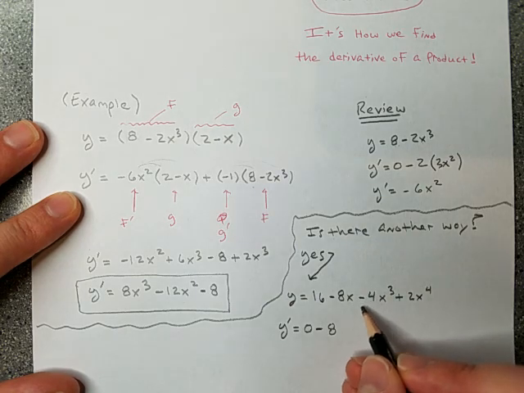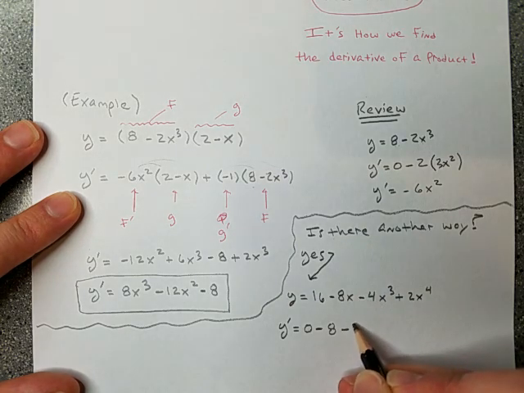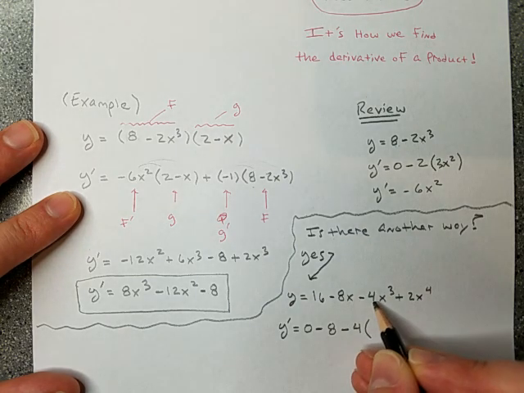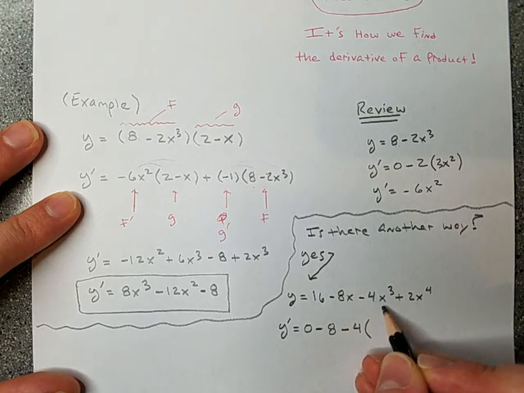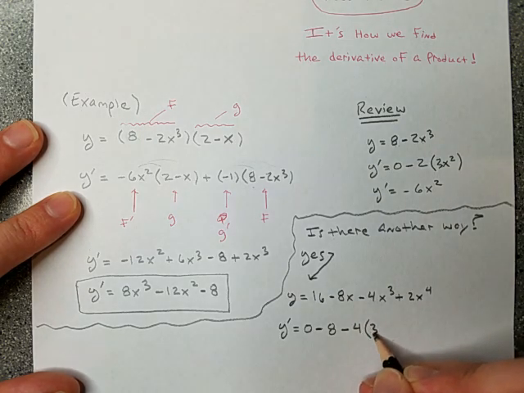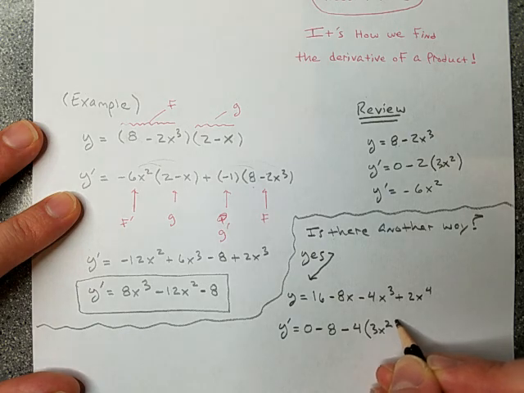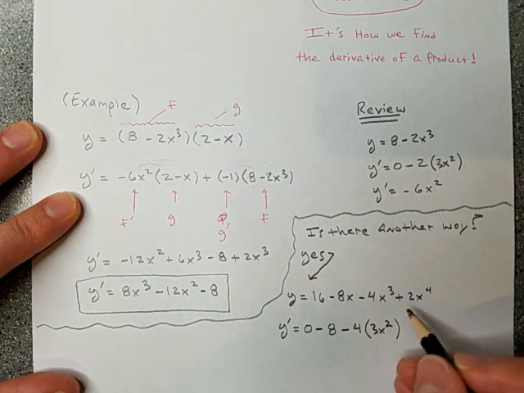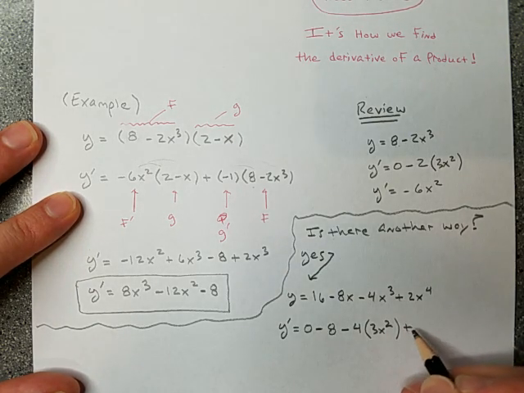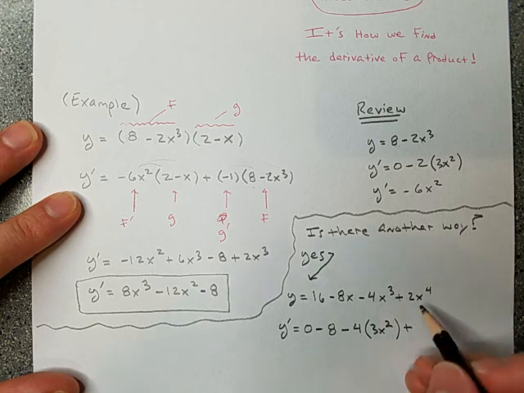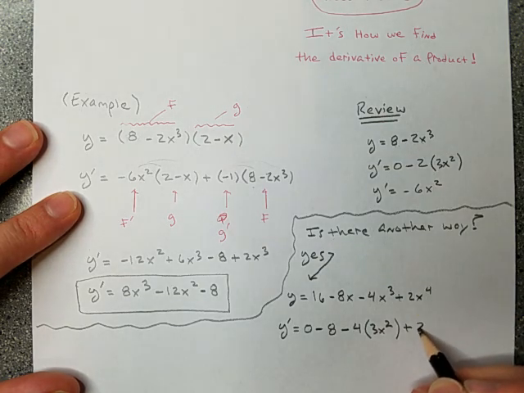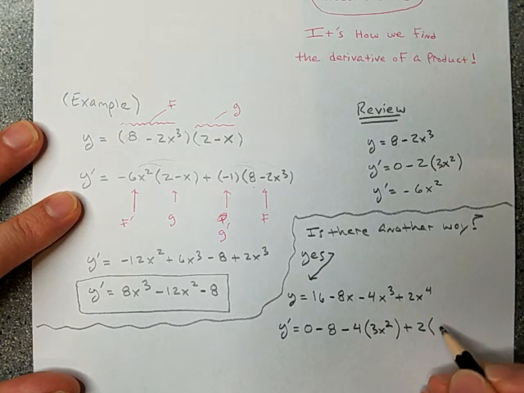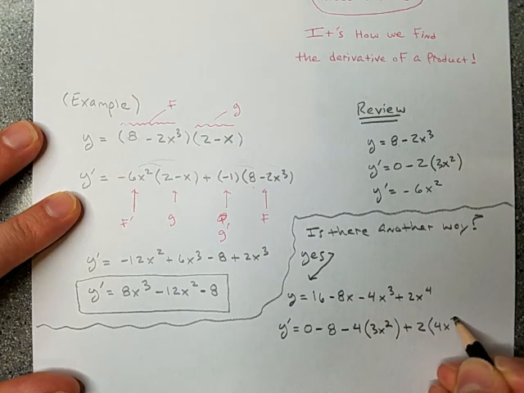Carry down the minus again. Carry down that coefficient of 4. What's the derivative of x to the third power? That'd be 3x squared. Okay. And then we carry down the plus, right? That's what the rules we learned said to do. And the coefficient of 2. And then what's the derivative of x to the 4th power? That'd be 4x to the 3rd power.